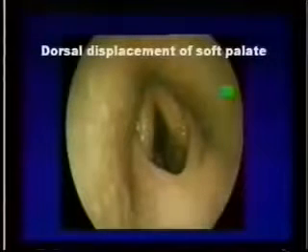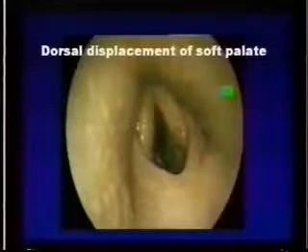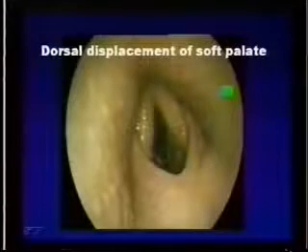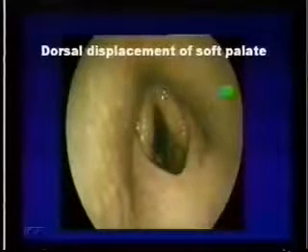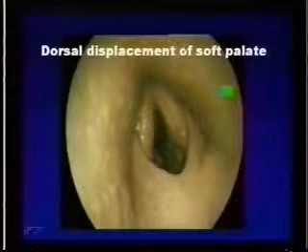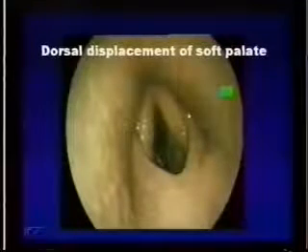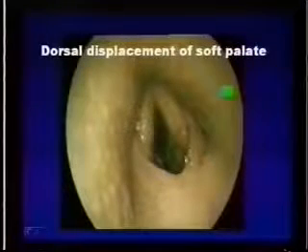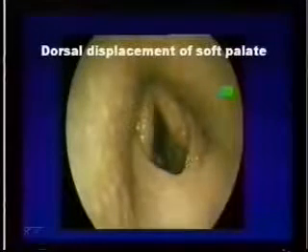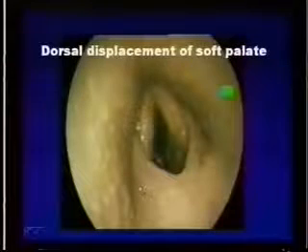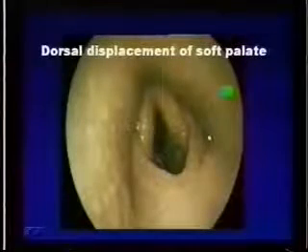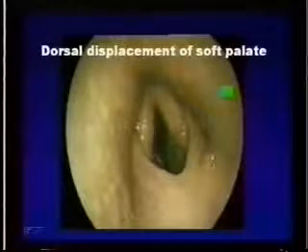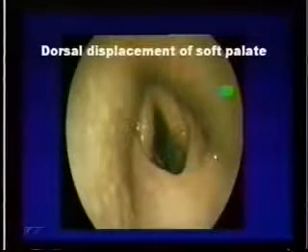Endoscopically, this is what these horses look like at rest. And again, these are the two arytenoid cartilages here. This is the pharyngeal roof that you see over top, and this is the caudal border of the soft palate that you see here. You can see that the epiglottis is completely hidden from view because it lies underneath this soft palate.